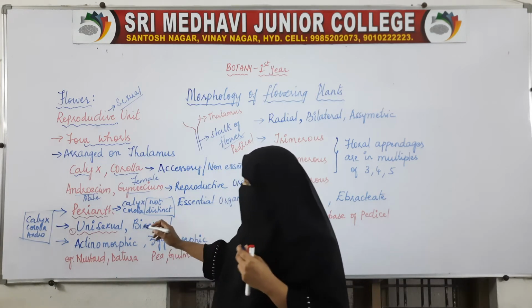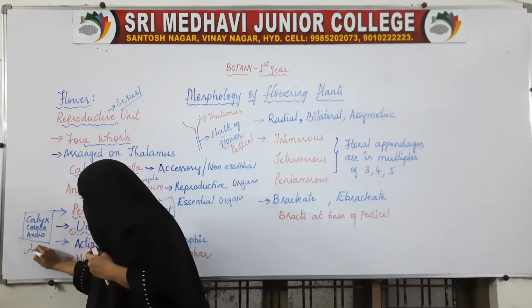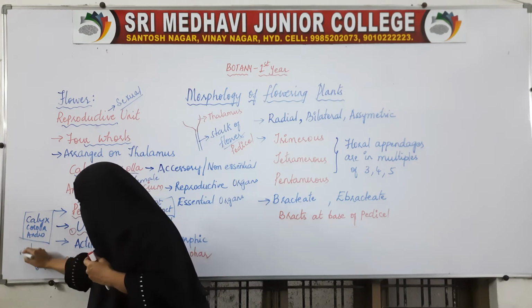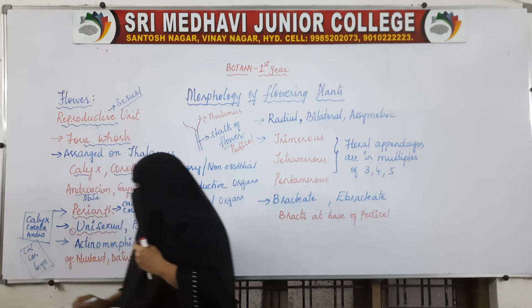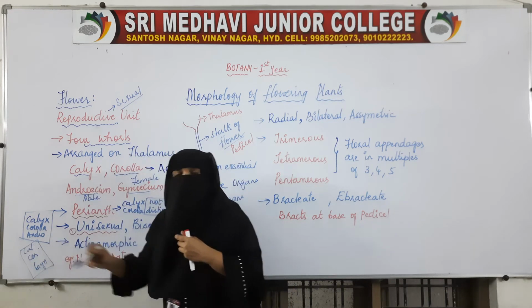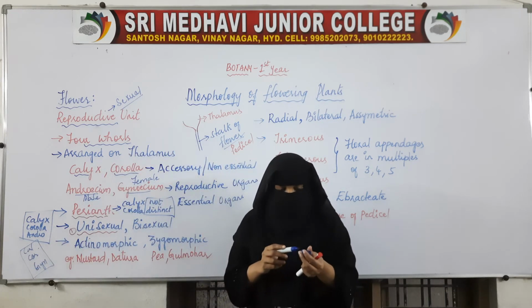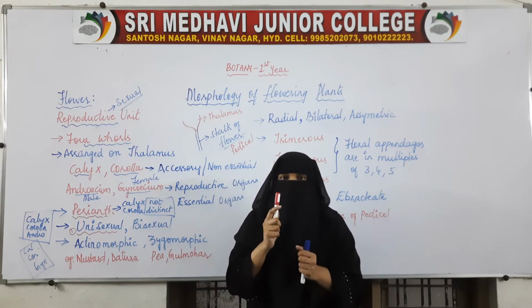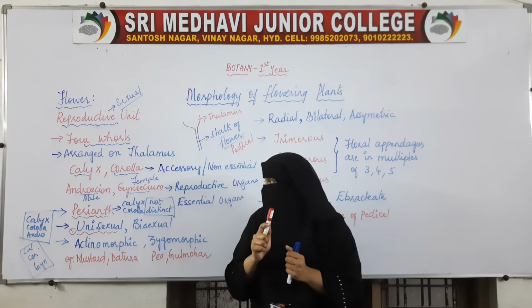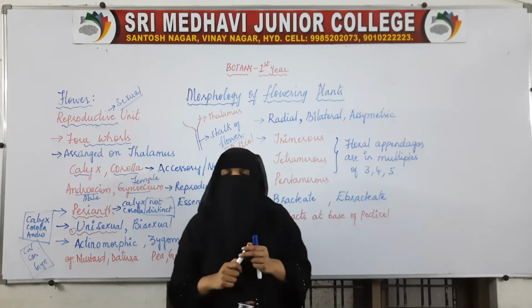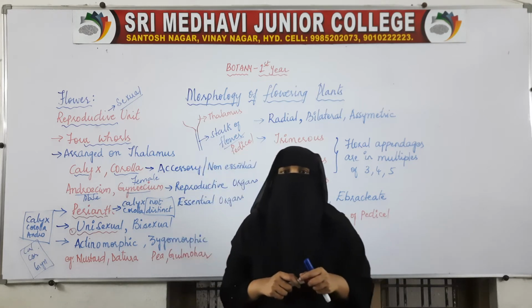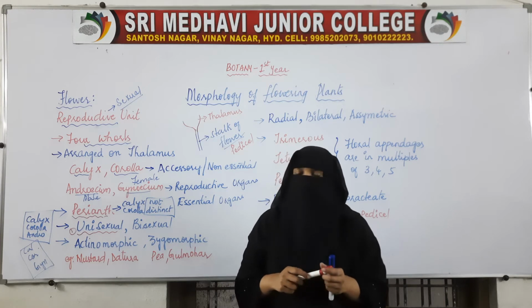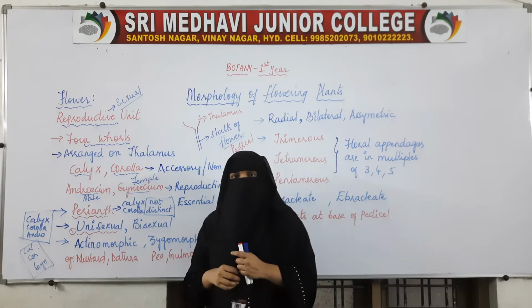Now, if a plant has calyx, corolla and only gynoecium, these three parts, then it is also called a unisexual flower. Unisexual means the flower which has only one reproductive organ.